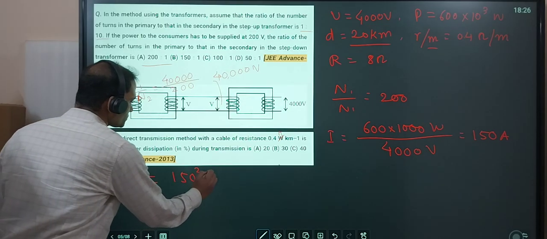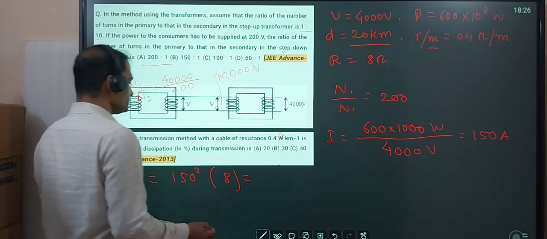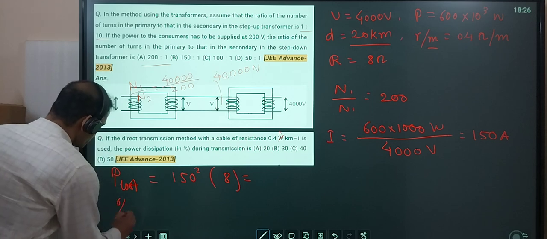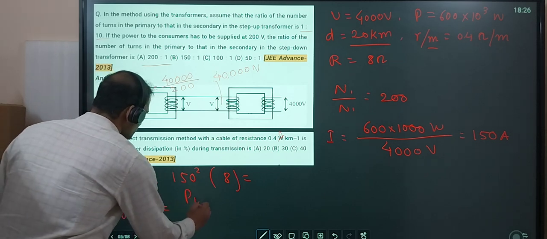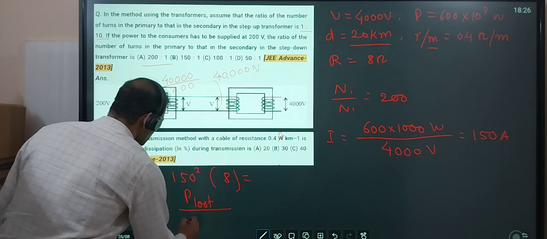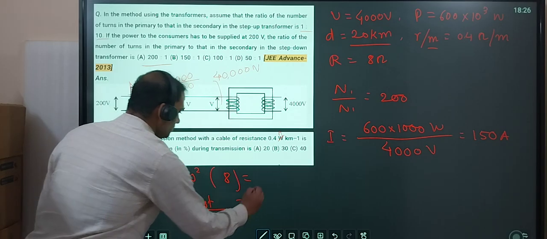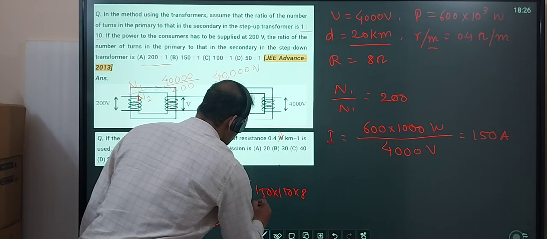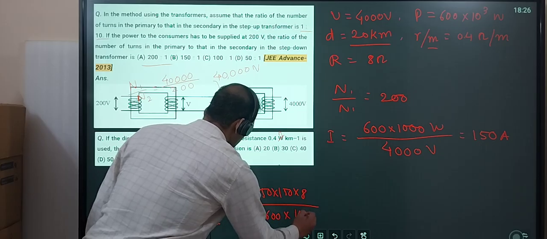150 the whole square into r, and that will come to be whatever. Percentage loss will be lost power by power generated. Okay, so lost power is 150 squared into 8 by 600 kilowatt.